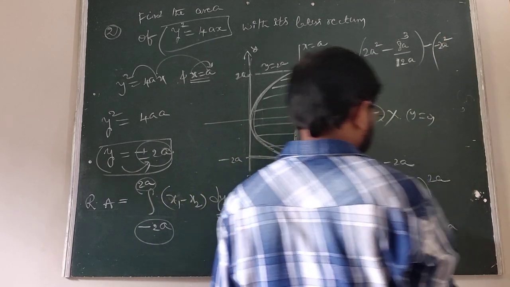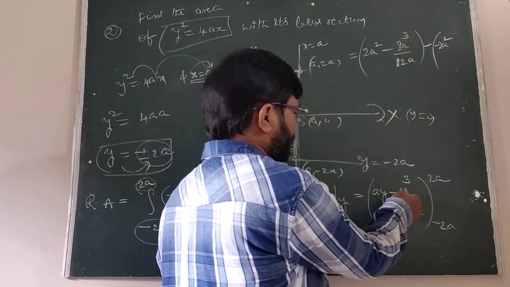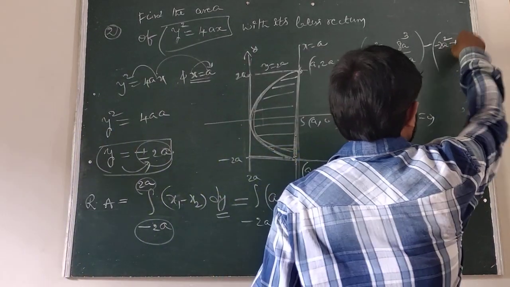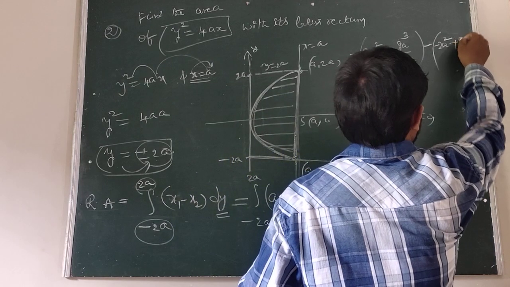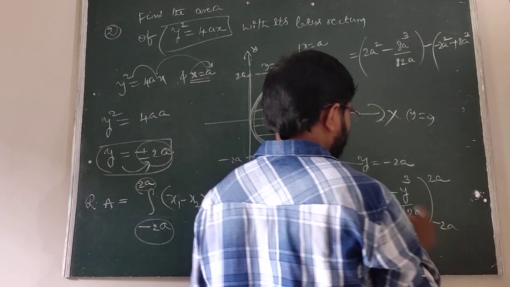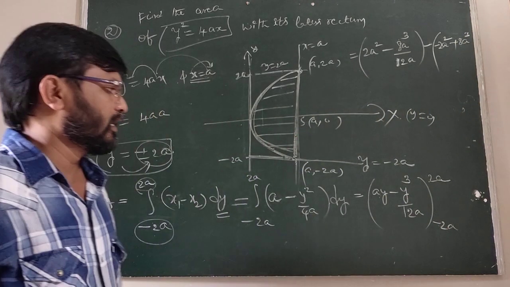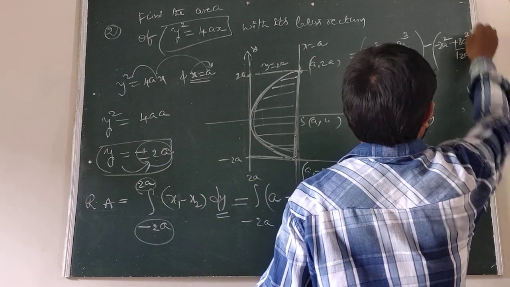This is minus 2a into a, which is 2a squared. Now minus 2a whole cubed is minus 8a cubed, so minus of minus gives plus 8a cubed upon 12a.